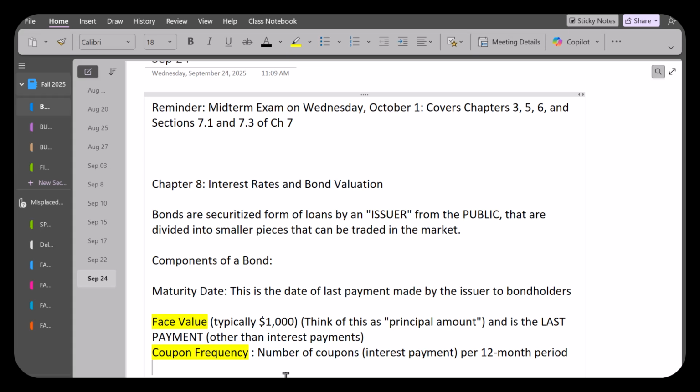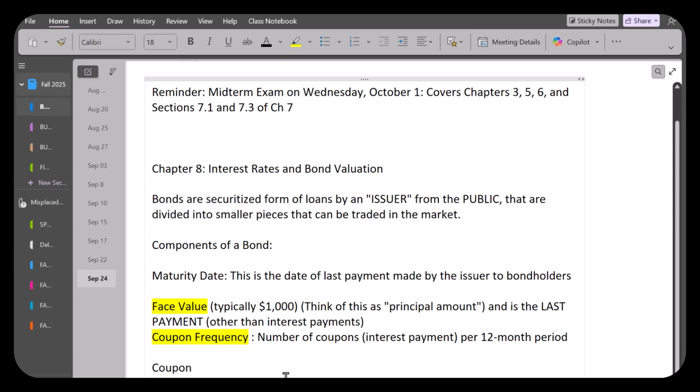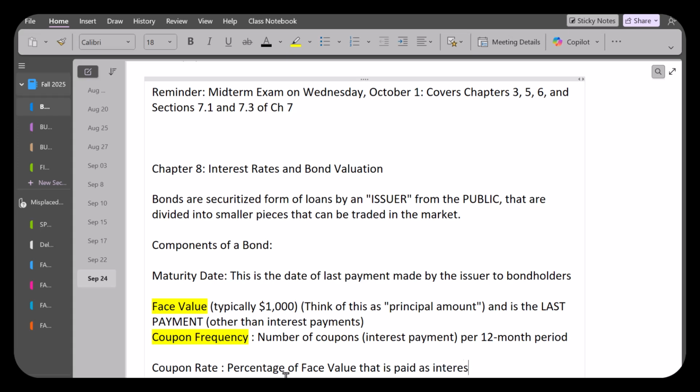So, and we're going to define coupon rates. Percentage of face value that is paid as interest or coupon per 12-month period.